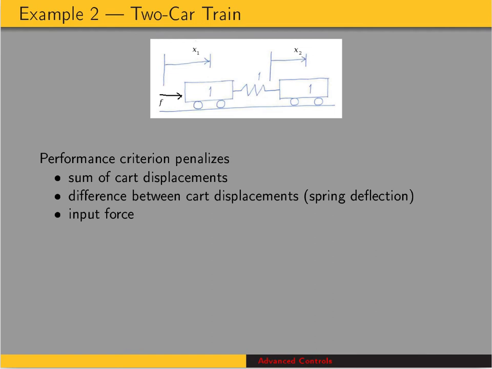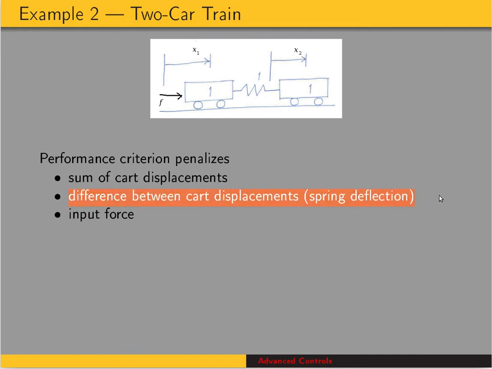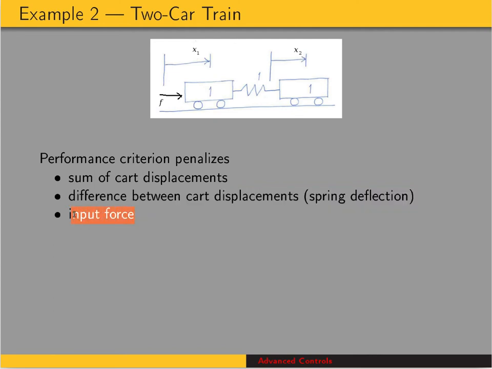And we're going to use optimal control to design a controller where we're penalizing the sum of the cart displacements. It really should be the square of the sum of the cart displacements, and then the difference between the cart displacements, which is the spring deflection, and also input force. Okay, so these are the 3 things that we care about in our performance criterion.